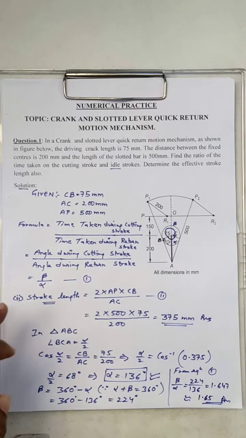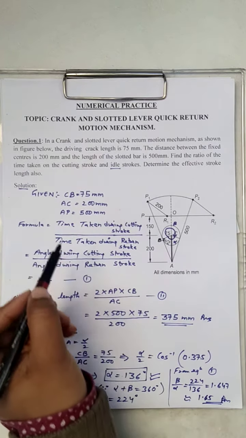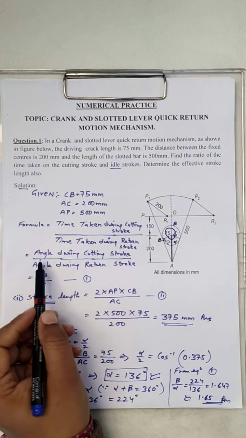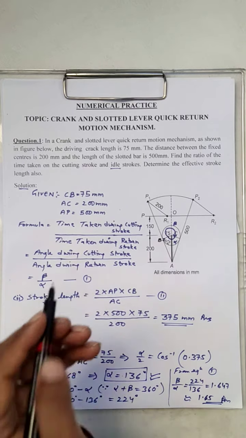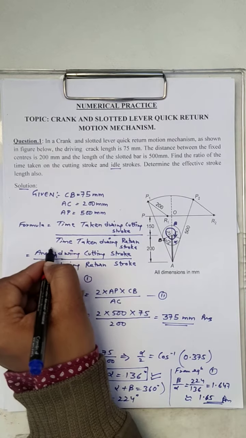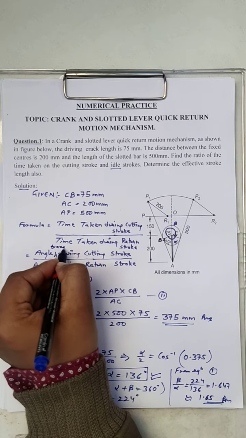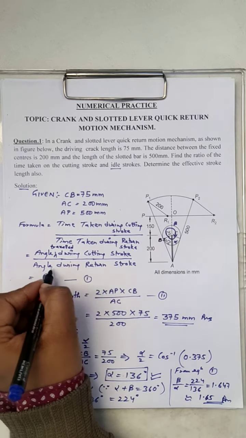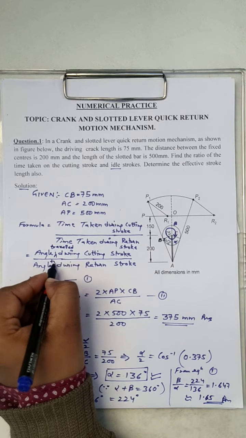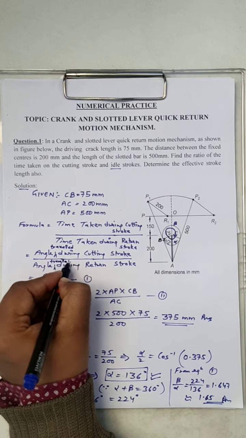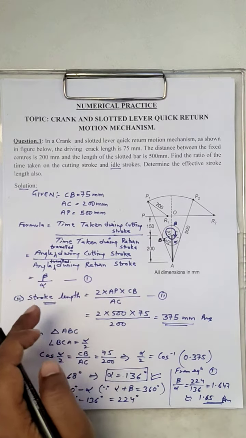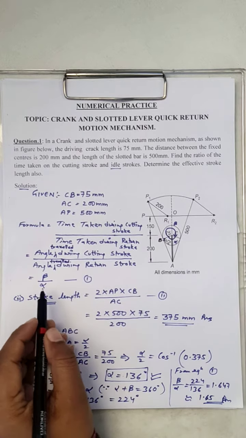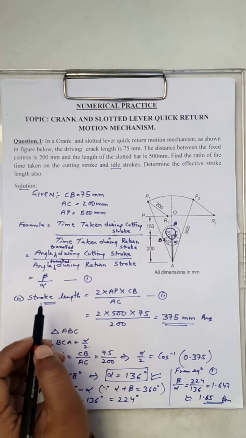So what we did is, we needed to calculate two things, that is the ratio of time taken during cutting stroke to the time taken during return stroke, which equals the angle traveled during cutting stroke to the angle traveled during return stroke, which is beta upon alpha. I have not written traveled, you can write it here also. This beta upon alpha we can also write as 360 minus alpha upon alpha.